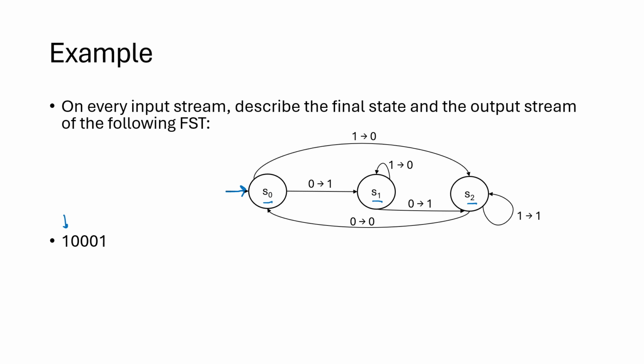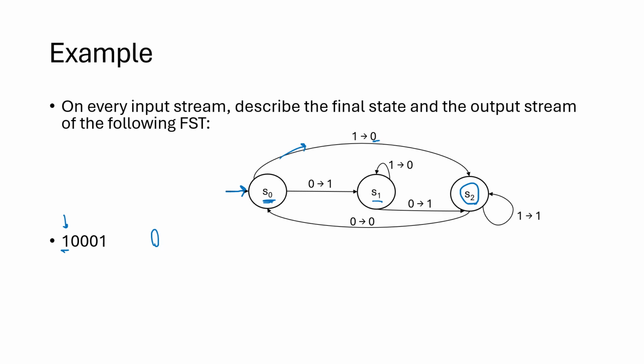So initially we are at S0. The input symbol that I read is a 1. This arrow over here tells me that I need to output a 0. So my first output symbol is a 0. And I go to S2. Now I'm at S2. The next symbol that I read is a 0, the second input symbol.